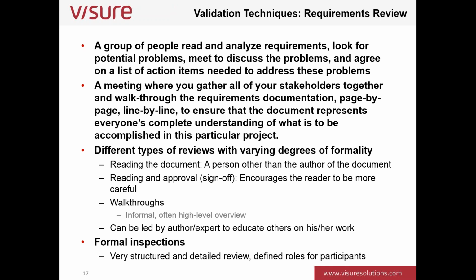That encourages the reader to be more careful, because they are going to accept or reject that document. We can go through walkthroughs, which are more informal, high level, and things like that. And formal inspections are usually very structured and detailed reviews, where the roles of the participants are defined and more precise.